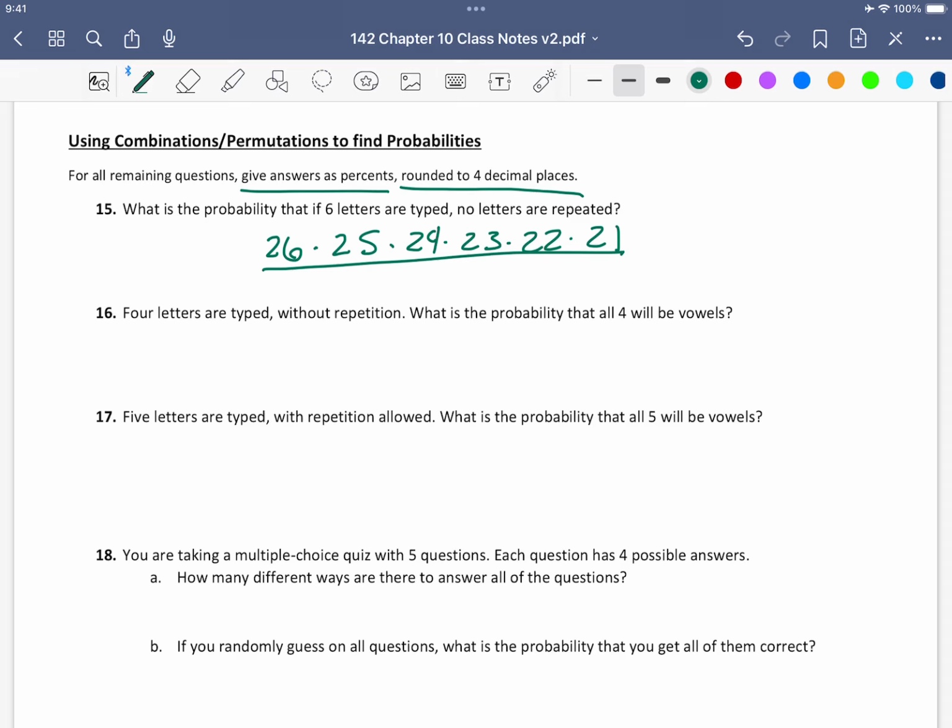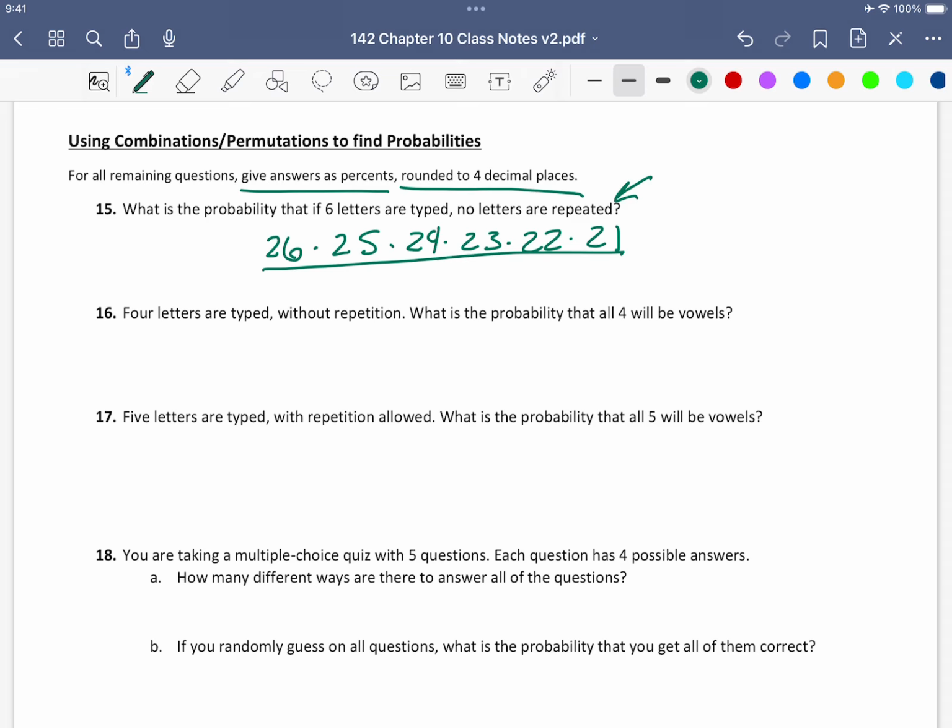Notice that's showing the non-repetition. But the total in the denominator is not going to take into account that kind of repetition idea. The problem does not say repetition can't happen. This is where it's a little bit tricky.